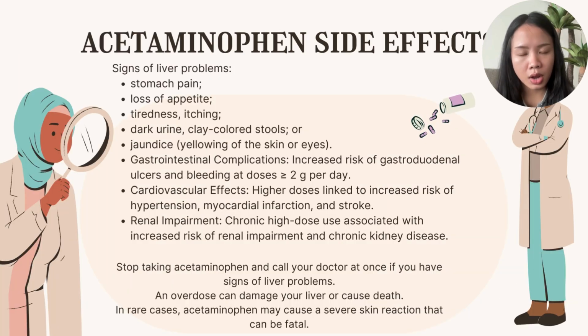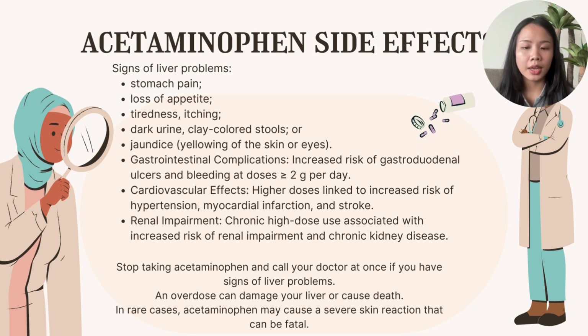And of course, if you consume some medicine, it has side effects. For acetaminophen, there are signs of liver problems: stomach pain, loss of appetite, tiredness, itching, dark urine, clay-colored stools, or jaundice, as well as gastrointestinal complications, cardiovascular effects, and renal impairment.